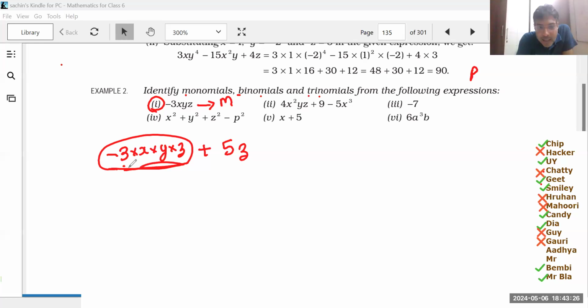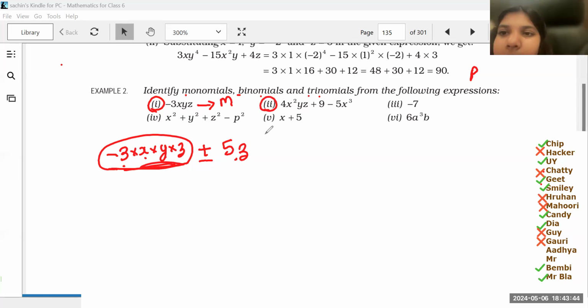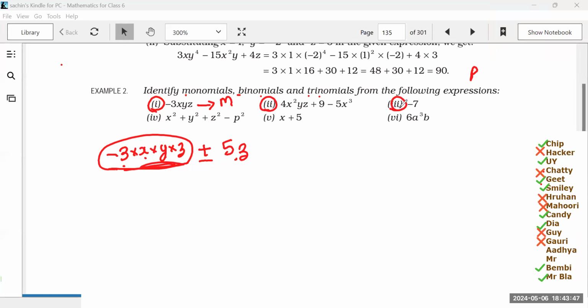If I write +5z to a term, it becomes a binomial. xyz is multiplied by 3 together, so when it is multiplication of 3 or more variables, it is one term only. Okay Ananya, okay. That's why we are practicing. Do the second and third one. Just write the first letters.